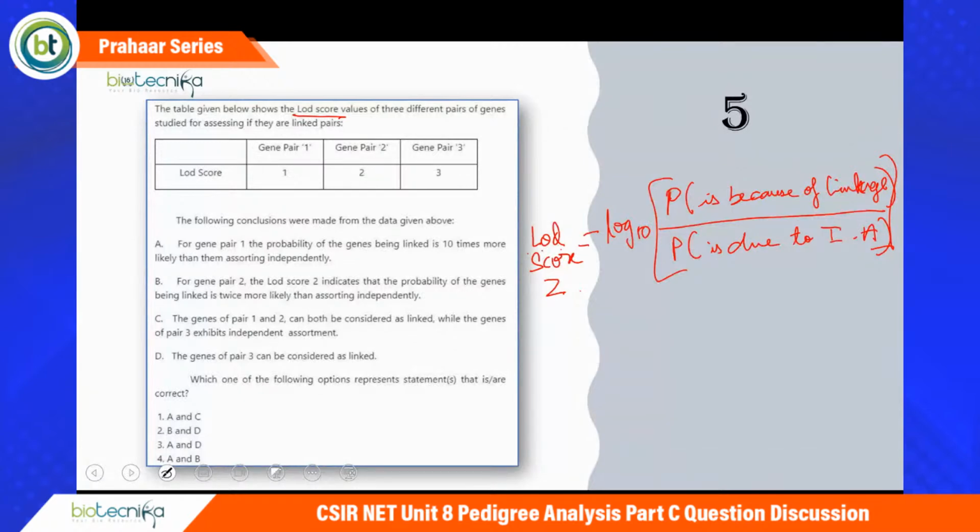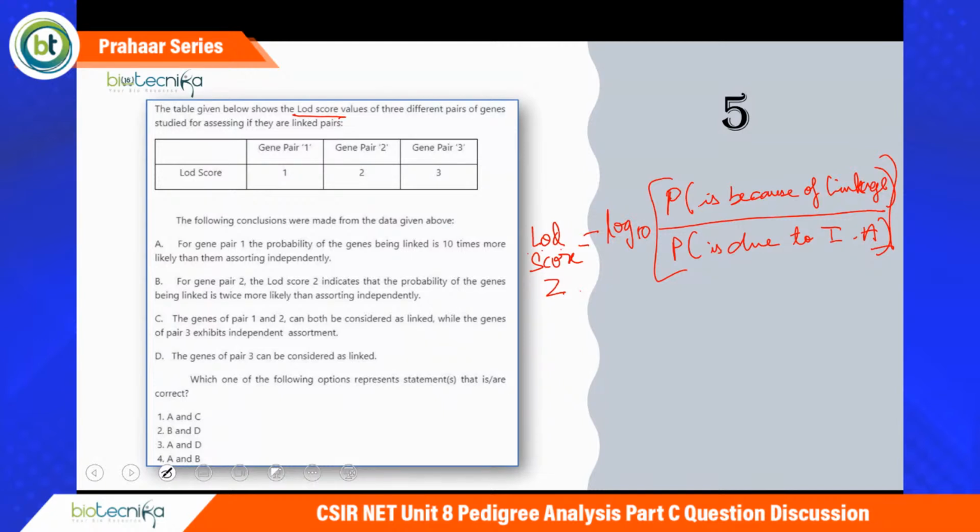I'll repeat. This LOD score that we get helps us in seeing whether the inheritance pattern that we are observing between a molecular marker and a particular phenotypic character is linked or they are assorting independently. So for that, what do we calculate?